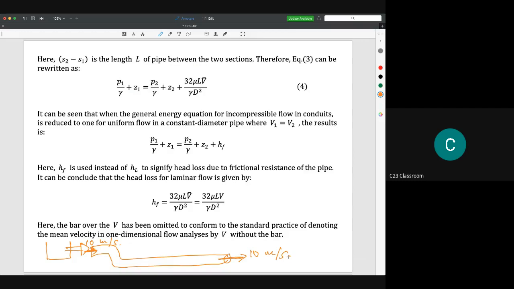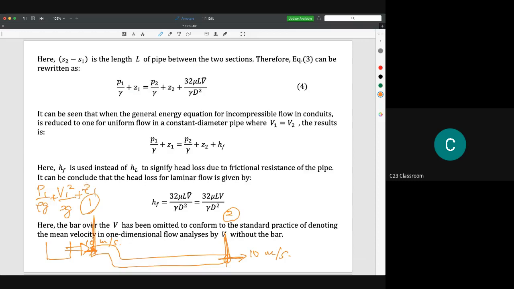Please take this as point number 1, and this as point number 2, for example. Then we develop the Bernoulli equation. At point 1 we have P1 over rho G plus V1 square over 2G plus Z1.